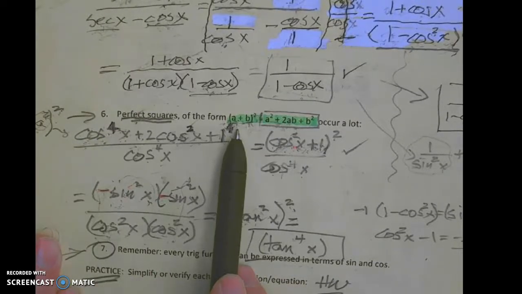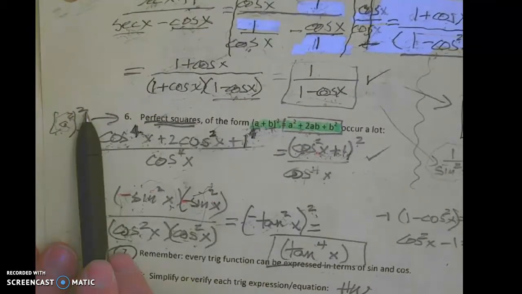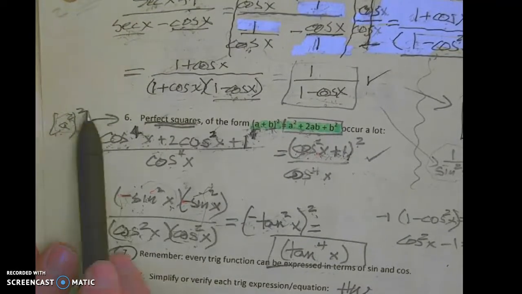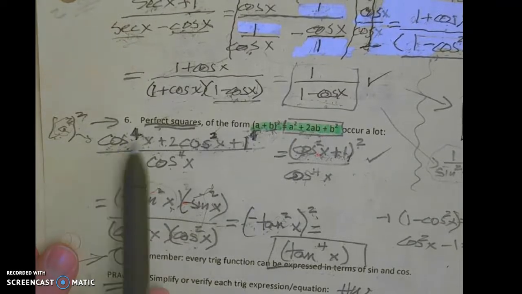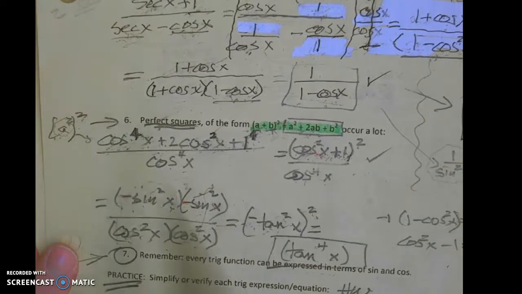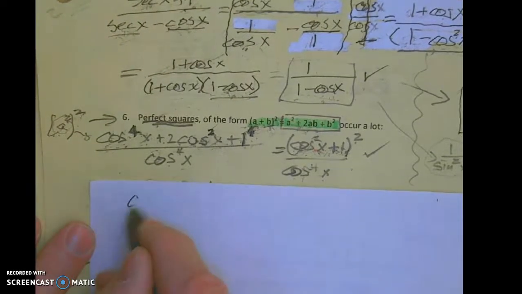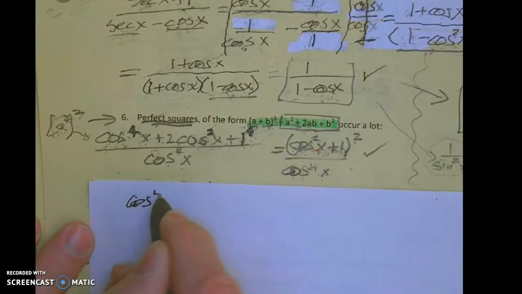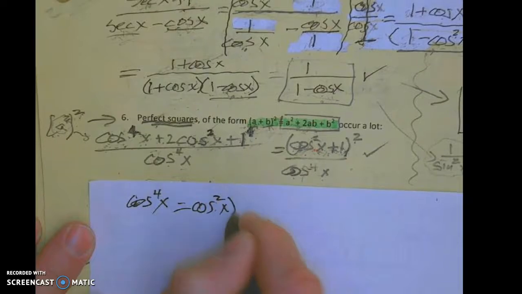Now remember that if I have a squared and I square it again, that's the same as a to the 4th. So basically cosine to the 4th of x is cosine squared of x quantity squared. In other words, cosine to the 4th of x is the same as cosine squared of x, and the whole thing is squared.